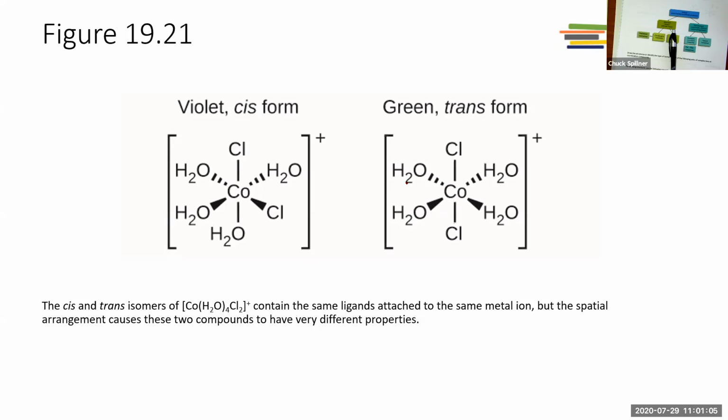The cis form of this cobalt tetraaqua dichloro ion is violet, and in the trans form, it's green. So the properties are different, which means you can easily distinguish one from the other. And when you name these, the names of both of these would be the same.